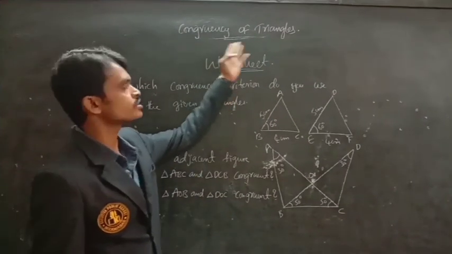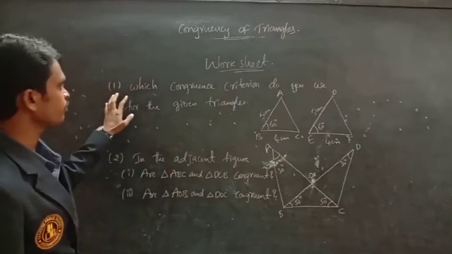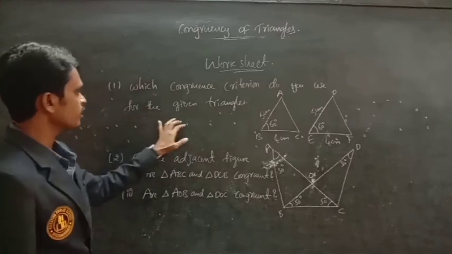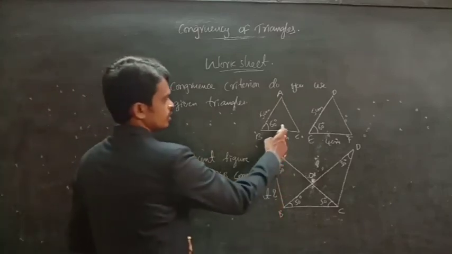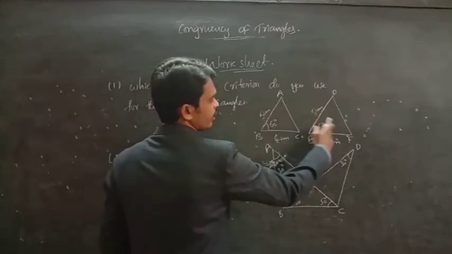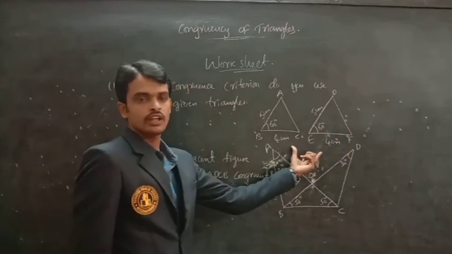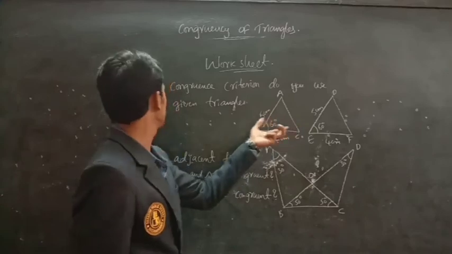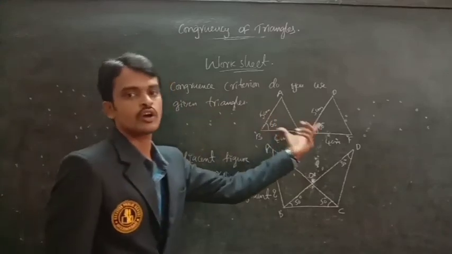Worksheet on congruency of triangles. First problem, which congruence criterion do you use for the given triangles? This triangle is ABC and DEF. Observe it, and say which criterion you use to say these two triangles are congruent.